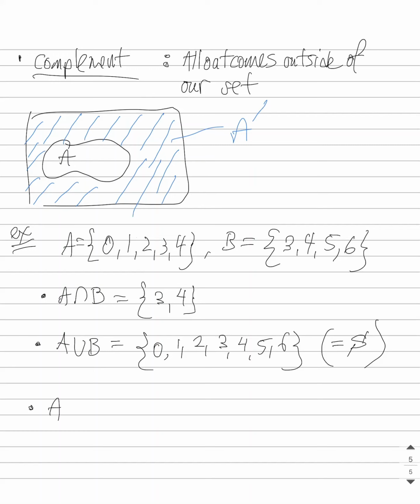If I were to ask you for, let's say, set B complement, that would be everything outside of B that lives within the sample space. So in this particular case, this would be 0, 1, and 2. So these kinds of things are pretty straightforward.